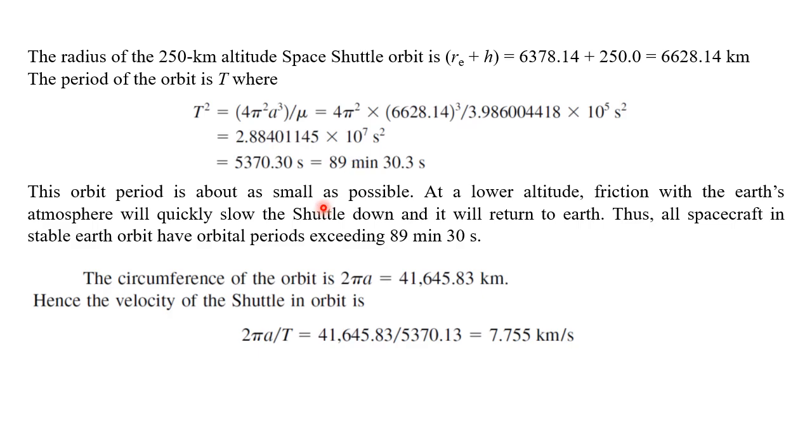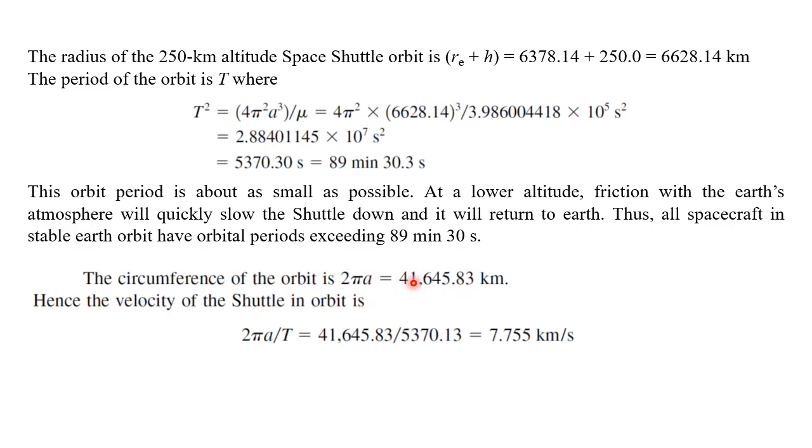This orbit period is about as small as possible. At a lower altitude, friction with the Earth's atmosphere will quickly slow the shuttle down and it will return to the Earth. So all spacecraft in stable Earth orbit have orbital periods exceeding 89 minutes 30 seconds. The circumference of the orbit we can calculate, 2 pi a equals this one.